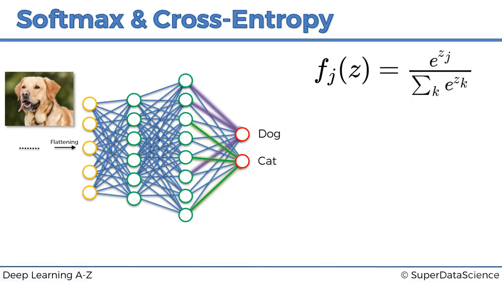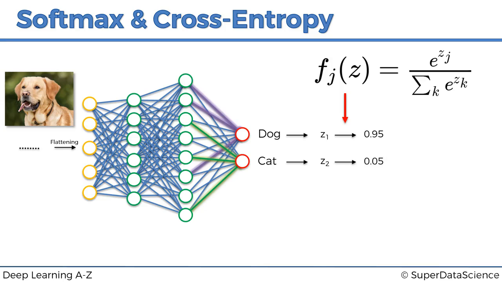Normally, the dog and the cat neurons would have any kind of real values. They don't have to add up to 1. But then we apply the Softmax function, which is written up at the top, and that brings these values to be between 0 and 1 and makes them add up to 1.